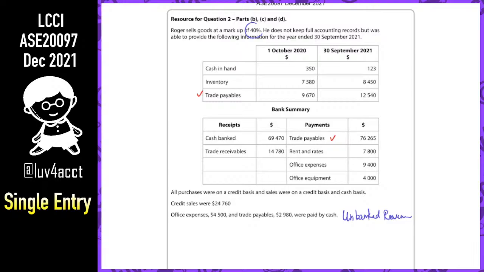No other items, no hint of discount received or returns. So with these 3 items, you will find credit purchases.